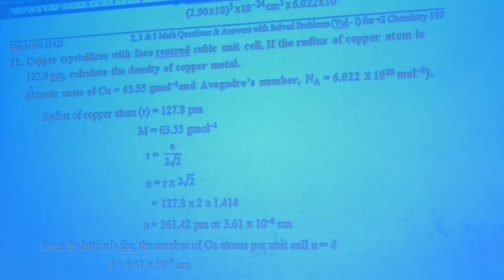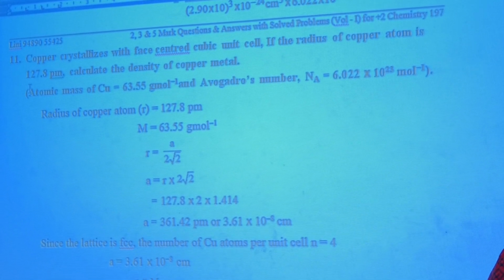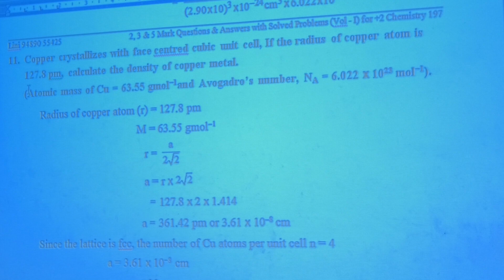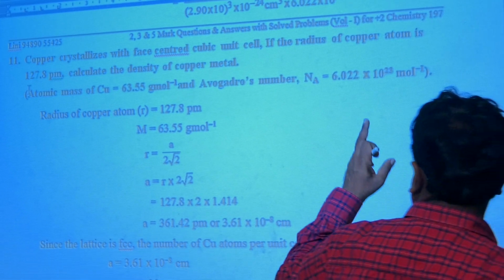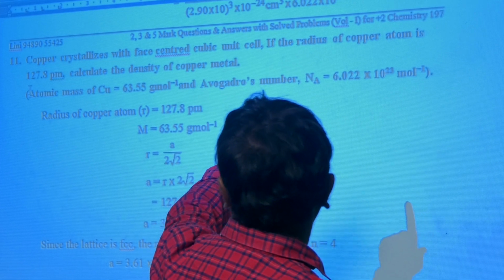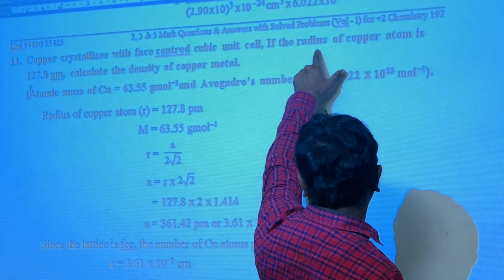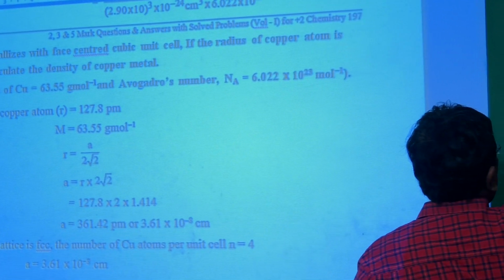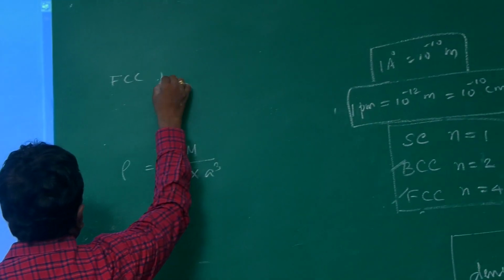We have to use only this formula, nothing else. Density formula you have to use because density is asked. You should note that they have not given edge length, they have given a radius. They have given FCC, therefore n is equal to 4, no problem.